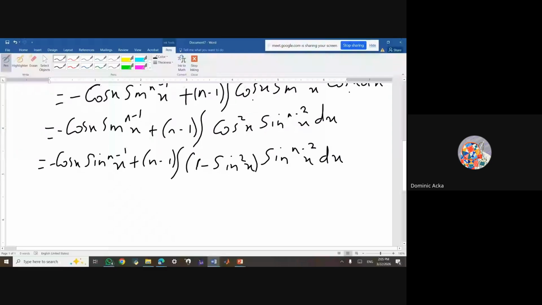So this is minus cos x sine n minus 1 x plus n minus 1. Then I want to expand this.